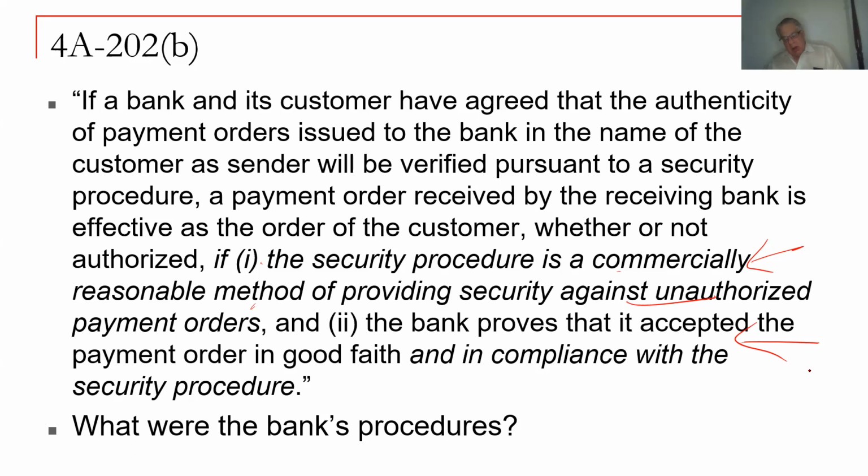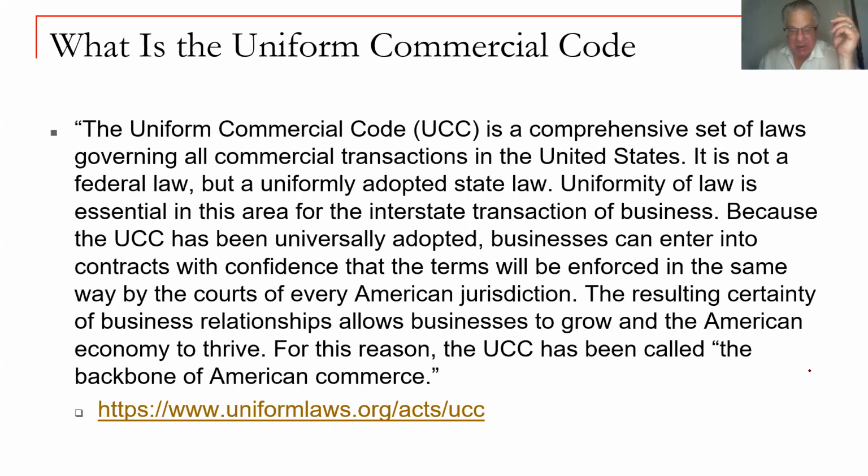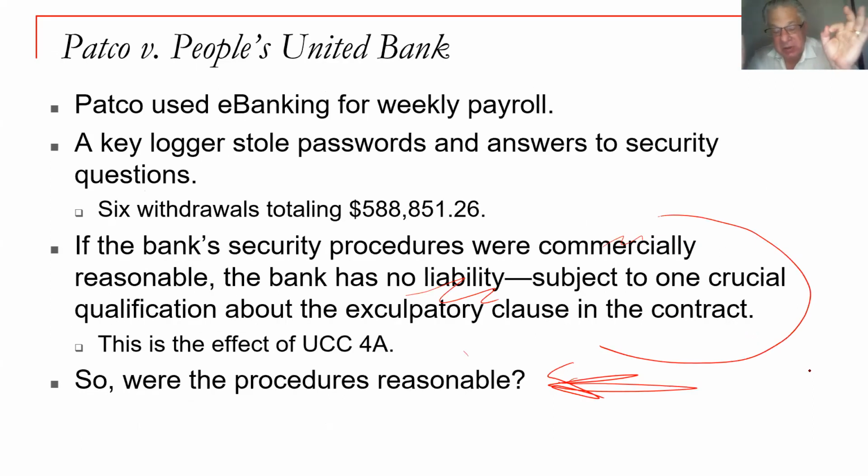So our first subject, with the qualification that there's an exculpatory clause. So what were the bank's procedures? Let's go back to this slide. Were the procedures reasonable? What were the bank's procedures? Did it follow them? We'll work all that out, and then we'll look at the effect of the exculpatory clause.